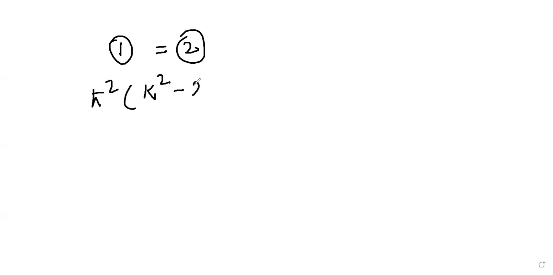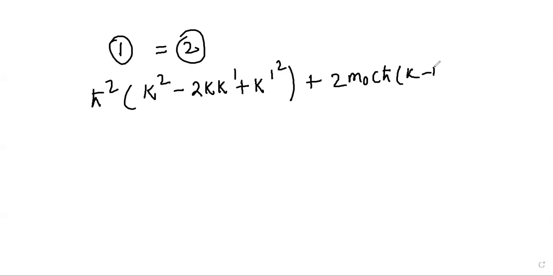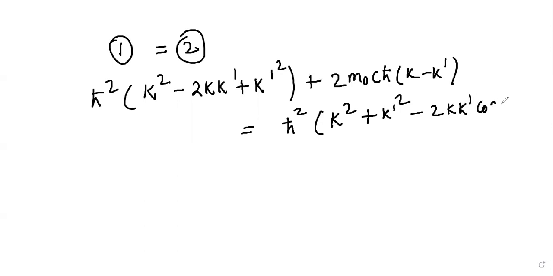If you equate equation 1 with equation 2, we can write ħ square. The first equation was (k square minus 2kk prime plus k prime square) plus 2m0 c ħ (k minus k prime), that is equal to, from the conservation of momentum in vector form, ħ square (k square plus k prime square minus 2kk prime cos theta).